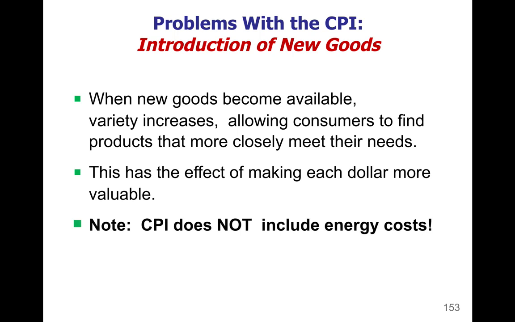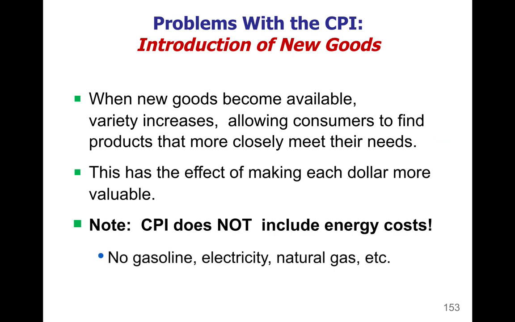Just a note here, the Consumer Price Index does not include any energy costs. So the price of gasoline, electricity, and natural gas, none of that is included in CPI. Those things are actually included in what's called the Producer Price Index, partially because businesses purchase more of these things than consumers do.